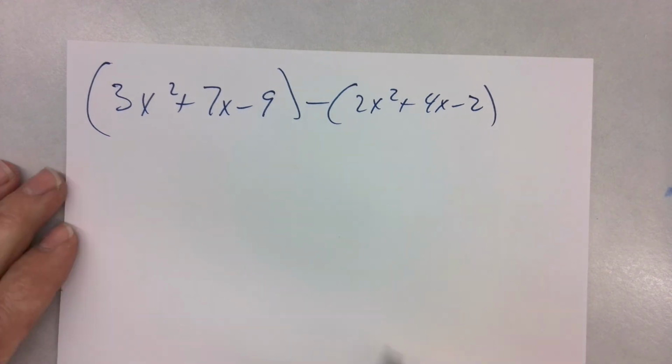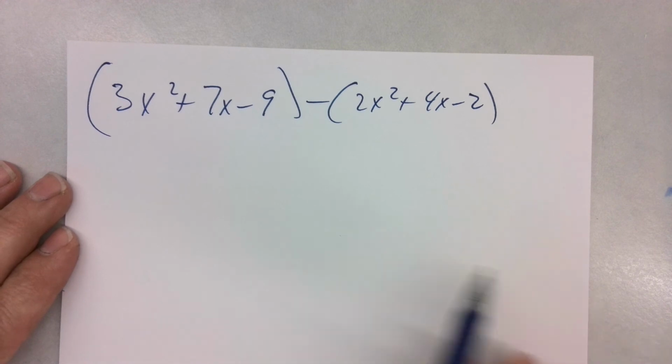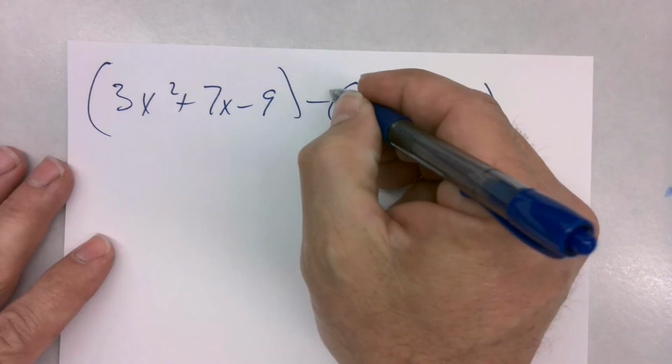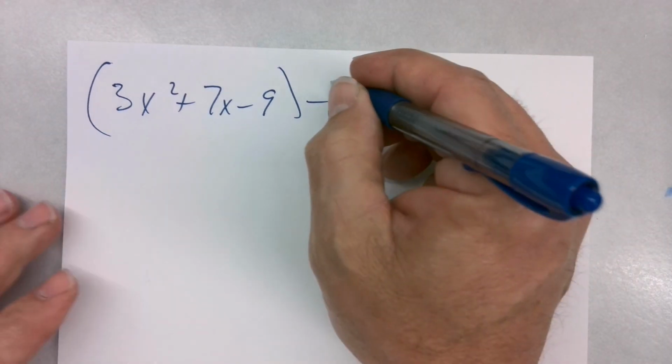They foiled this sucker. This is a simple subtraction problem. It's really just an addition problem. It's a combine like terms problem. What am I going to do with this negative? I'm going to distribute it.